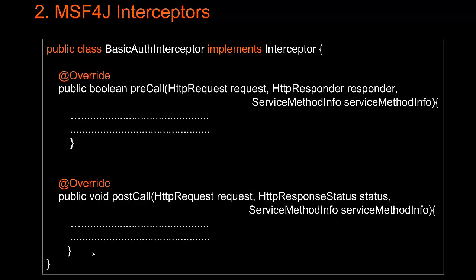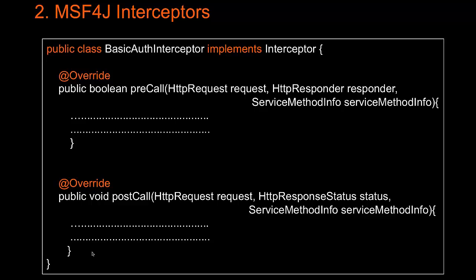Through that, you can intercept and do whatever interception task you want through this interceptor implementation, like logging if you want to log the messages, or if you want to validate security, or validate the existence of a particular HTTP header. That kind of thing you can perform through this implementation.